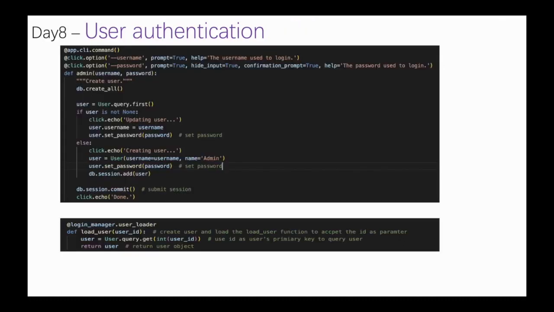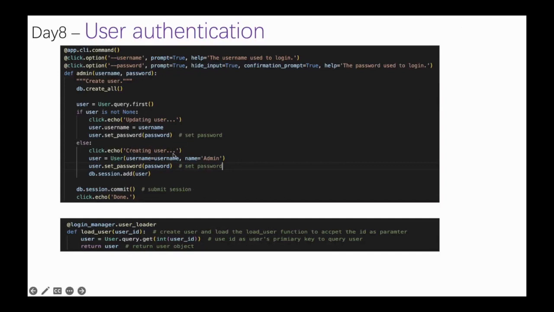Of course, I just mentioned that we need to set the admin user. So this is the Flask command to set the admin's username and password. After we get the user, if user is None, we should create it, setting the username and password.